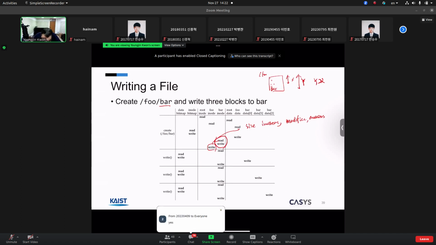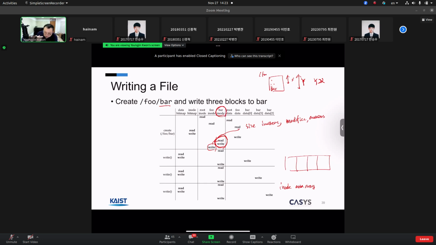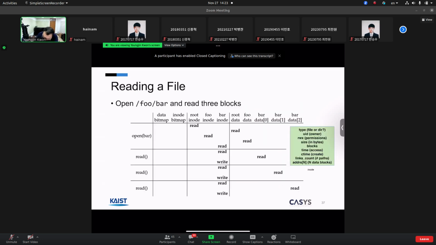Okay, so for that one, bar inode, when you're creating bar, you have to set up several kinds of permissions and who the owner is.